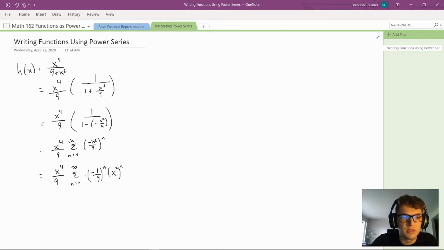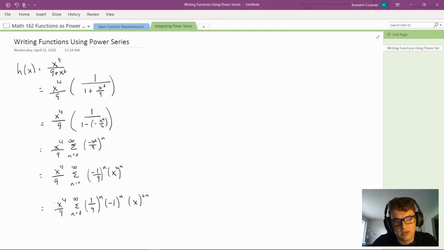And then I'm going to break this up into two separate terms. So we'll have negative 1 to the n, and then a positive 1 over 9 to the n. So this is going to be equal to x to the fourth over 9, and the summation as n is equal to 0 to infinity of 1 over 9 to the n, negative 1 to the n, and x to the 2n.